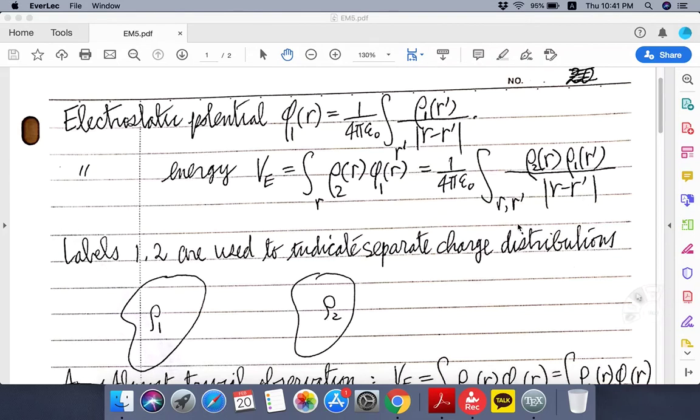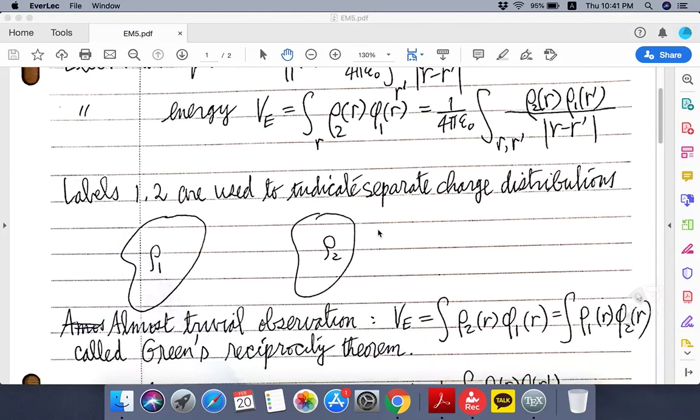And then you just have to integrate over both the locations of the first charge density and the second charge density. And the successful evaluation of this double integral will tell us exactly what is the potential energy of this particular charge distribution over two different objects.